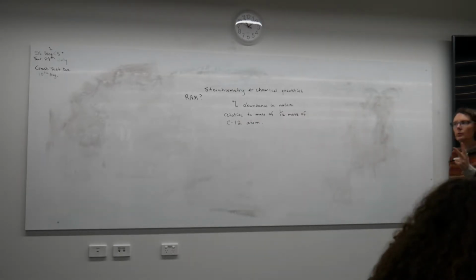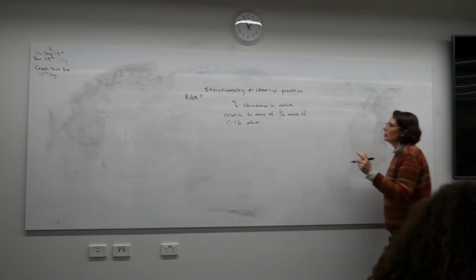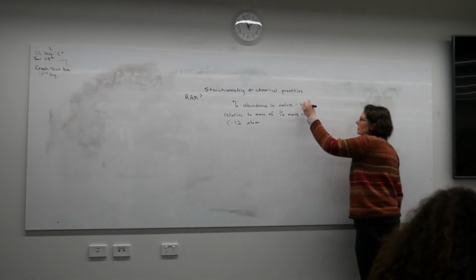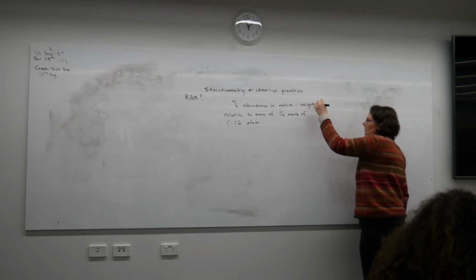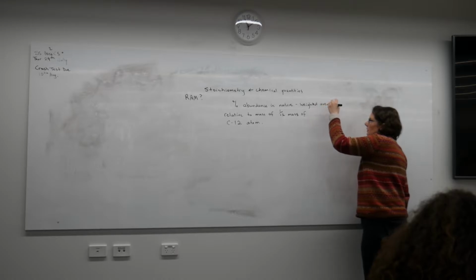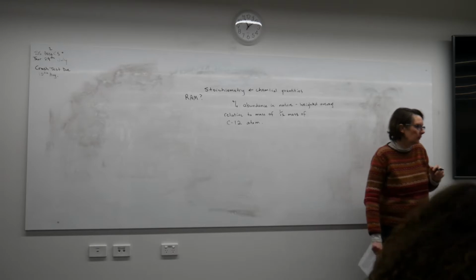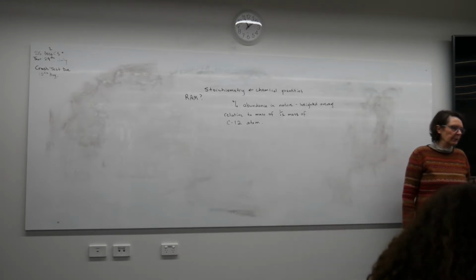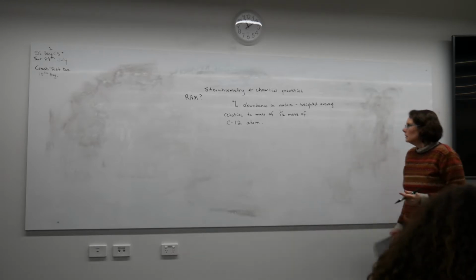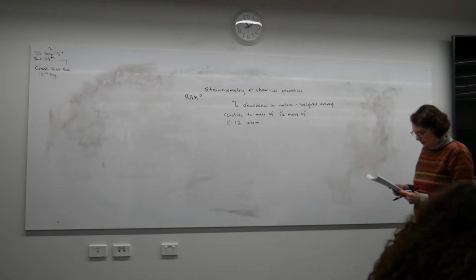So there's two things that we need to remember about relative atomic mass. The first one is that it's the percent abundance in nature. It's like a weighted average. And it's relative to the mass of 1/12 of the mass of the carbon 12 atom. That's it precisely.